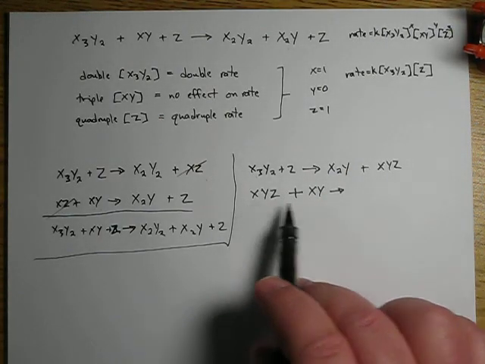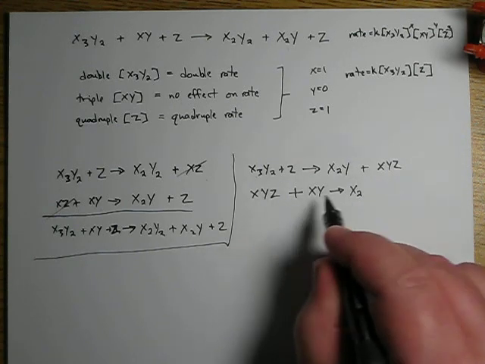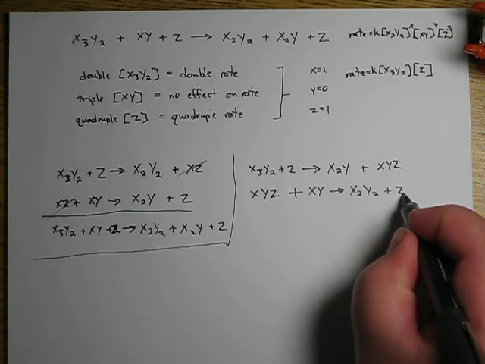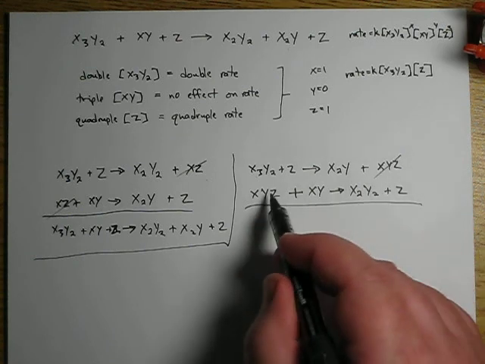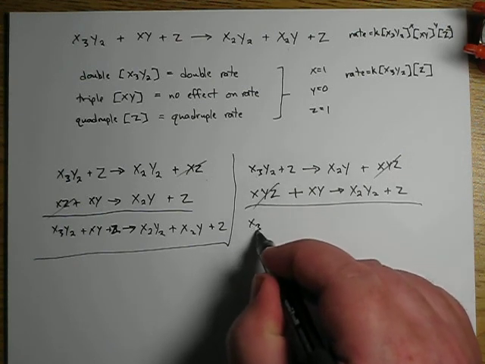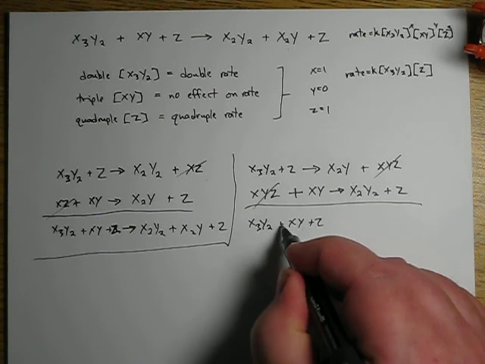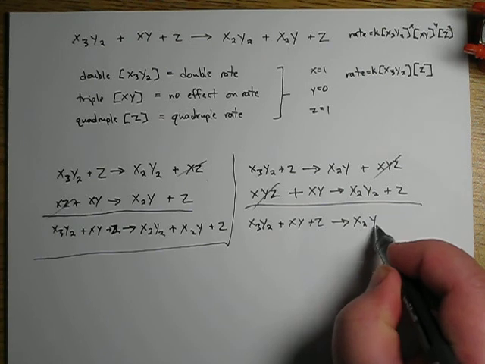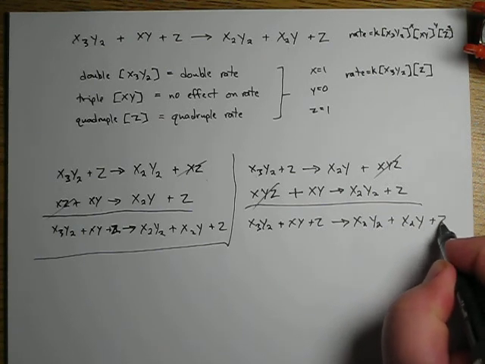Oh, I can make my x2y2 now, because I've got two x's and two y's. x2y2 plus z. And when I add up these, okay, I've got this intermediate. I got my x3y2 plus xy plus z goes to x2y2 plus x2y plus z.